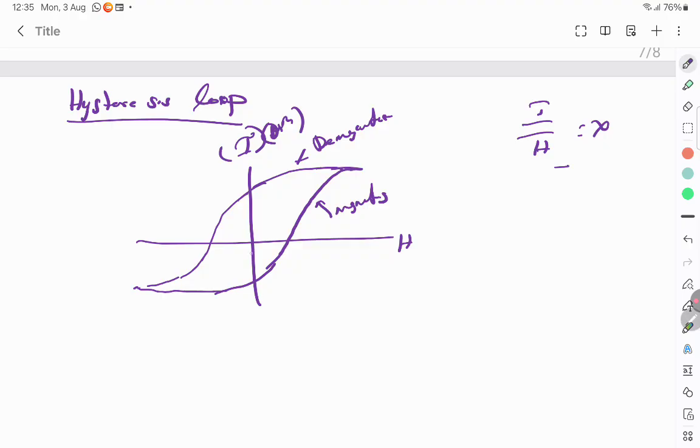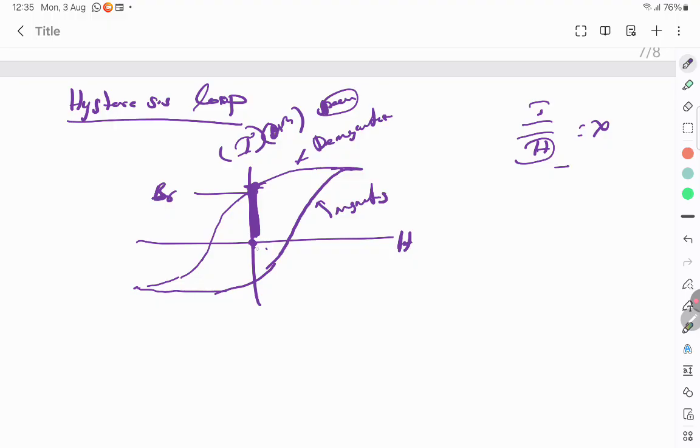when H is 0, you still have a residual I, which is specimen related. This is specimen related I, and it's still having an I value. Even though H has become 0, you still have a residual I value, and this is called residual magnetism, Br.